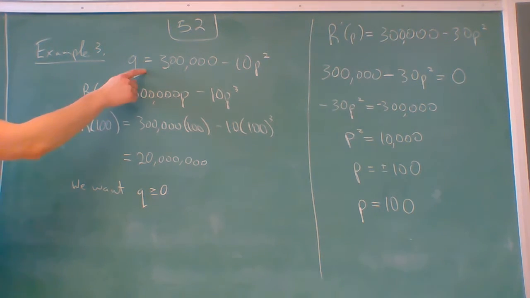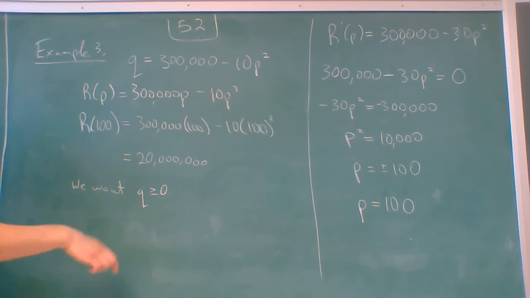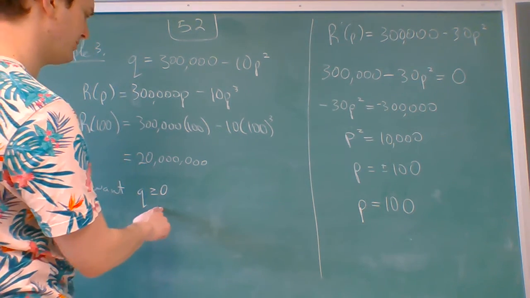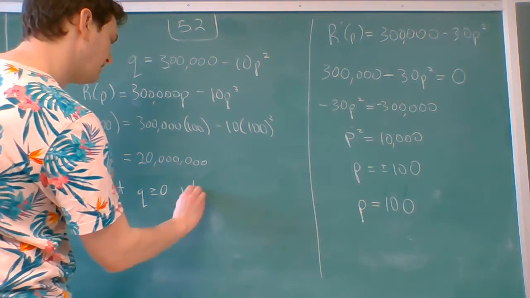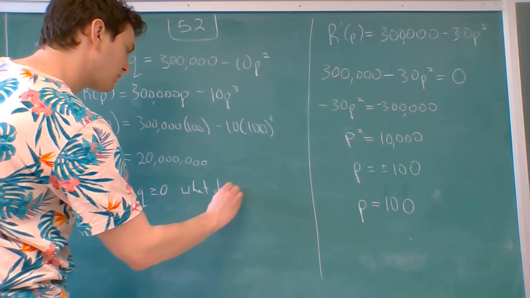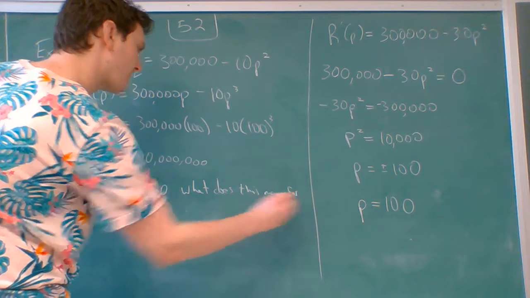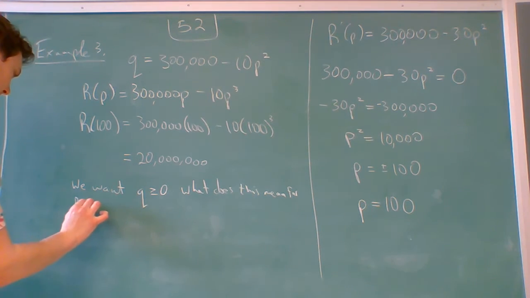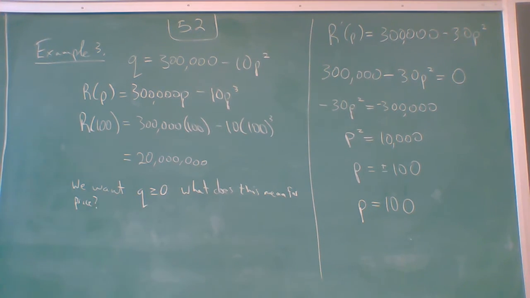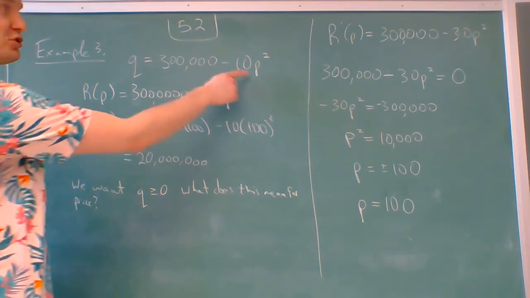We don't want to produce negative items. What does this mean for the price? Because Q is a function of P.